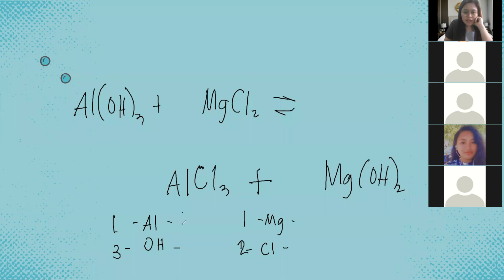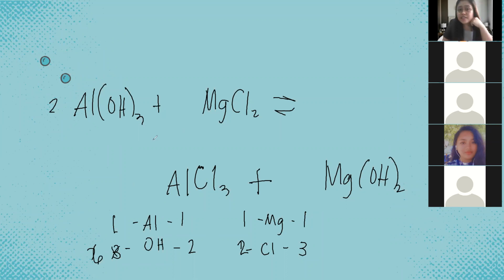Sa product na side, 1 aluminum, 2 OH, 1 magnesium, 3 Cl. So what am I going to do here is I'll need to balance this one. Let me start with OH first, 3 and 2. So I'll put 2 here.